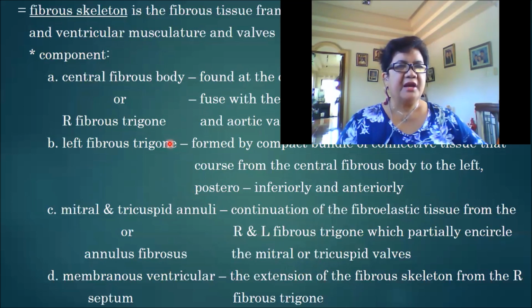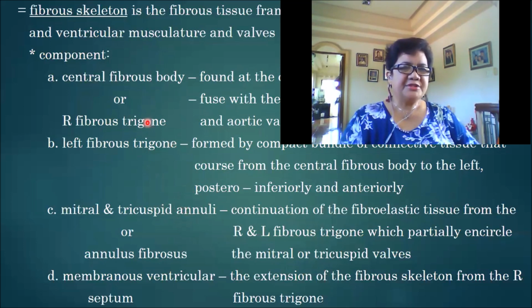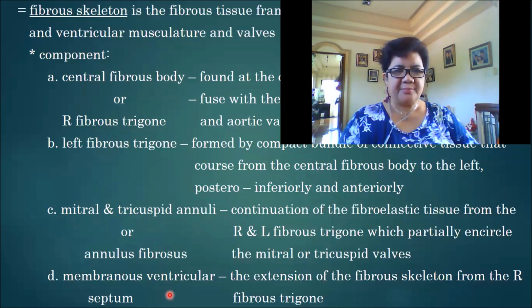From the right and left fibrous trigone, this will partially encircle the mitral and tricuspid valve. Then your fourth component is the membranous ventricular septum. This is the extension of the fibroskeleton from the right fibrous trigone.